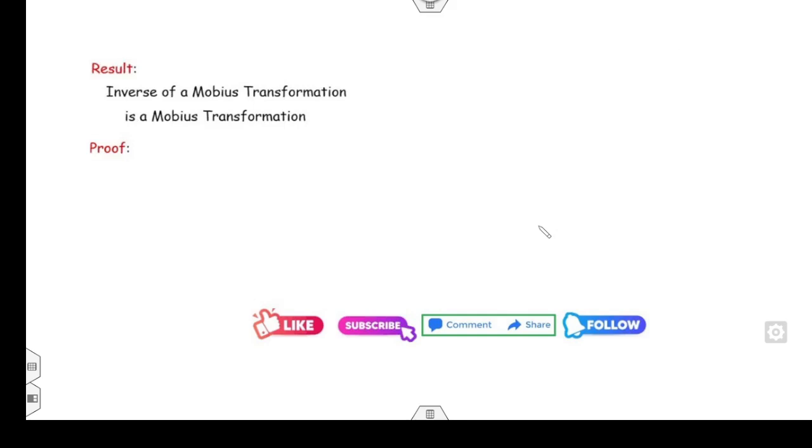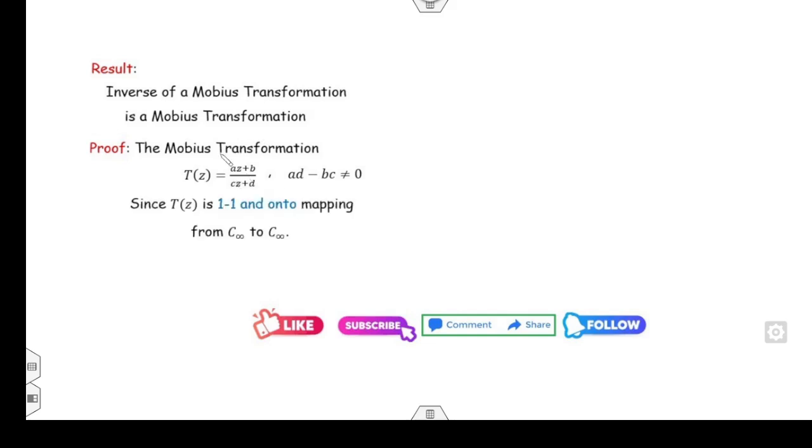The next result is that the inverse of a Mobius transformation is again a Mobius transformation. That means if you have the Mobius transformation (AZ + B) over (CZ + D), how can you find the inverse? Again, it's very simple, because T of Z is one-one and onto. Once it is one-one and onto, that is bijective, therefore T inverse exists. How can you define that?